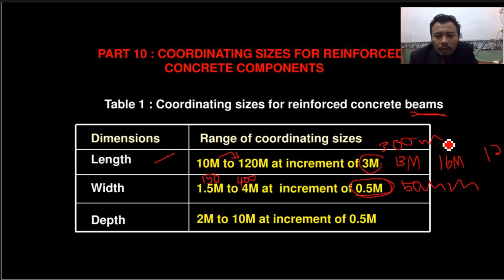By having this idea of the increment of length, width and also depth, it helps the civil designer to coordinate, because for beams, you need to coordinate with the ceiling height. These architectural components need to be assembled on the civil structural components. So having this coordination helps in reducing wastage, as we talked before.